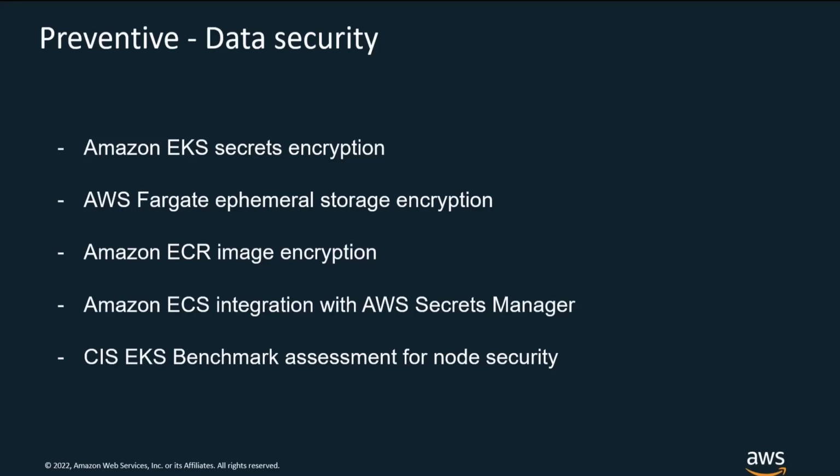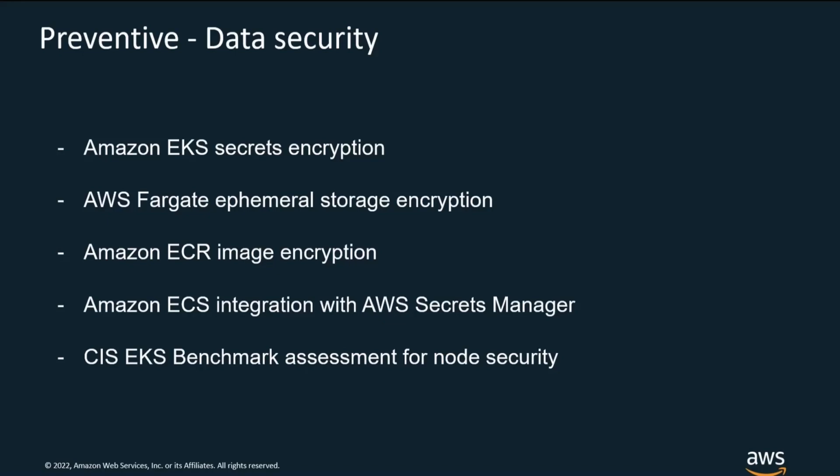So whether it is Kubernetes secrets in EKS or ECR's image encryption, customers have control over keys for these encryptions using KMS. Some customers prefer the audit, access control, and monitoring features using these keys with control over key material origin.